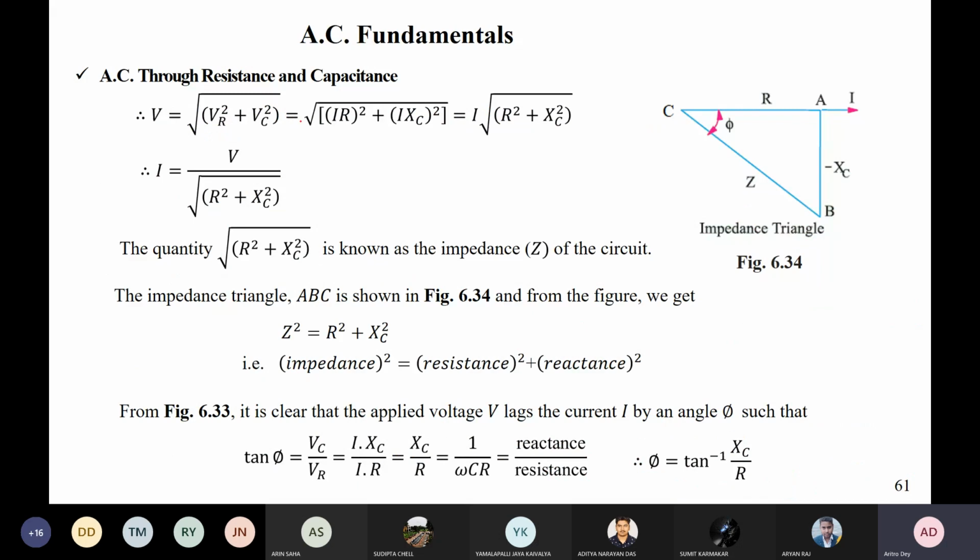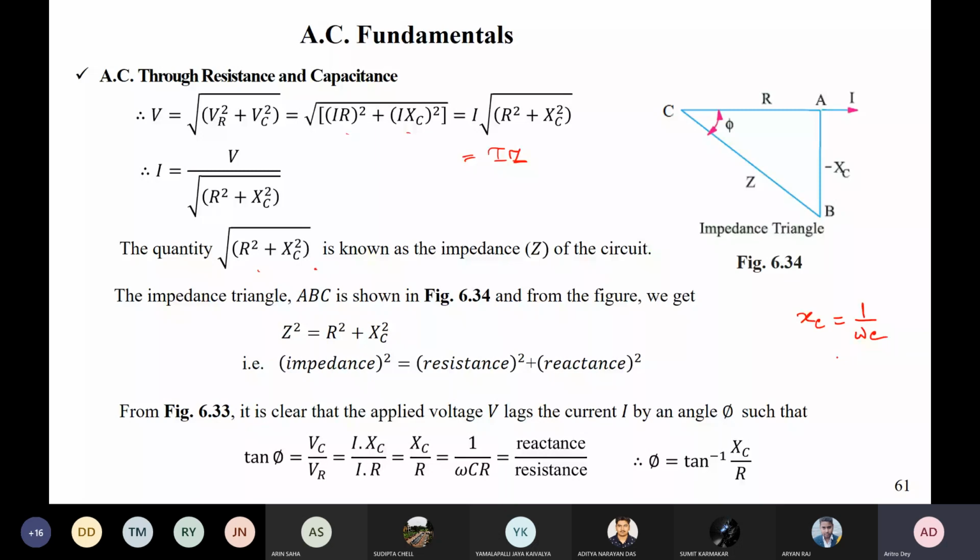So VR we can write as IR. This is I into XC. So this is square root of R square plus XC square, and this is your impedance, which is I into Z. So your Z is equal to root over R square plus XC square. Okay. And XC is equal to this, that we have already seen in our previous class, whenever it's purely capacitive.